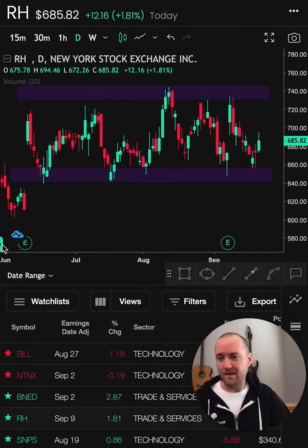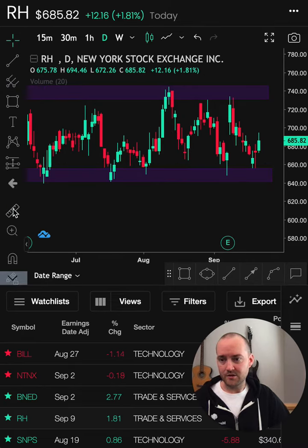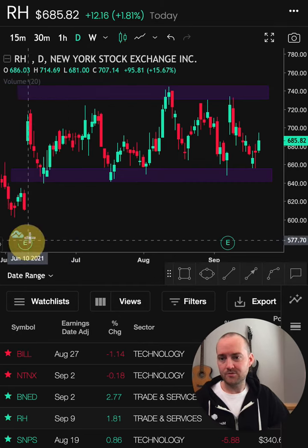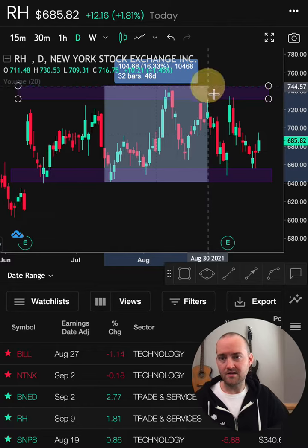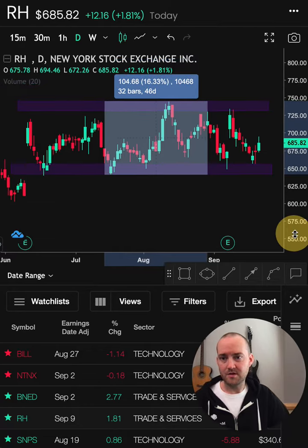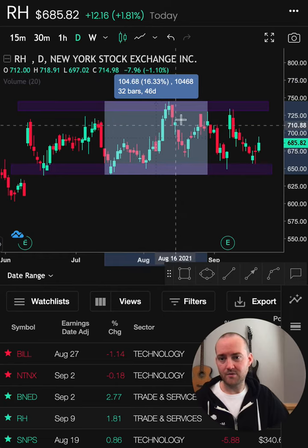And how do you determine if this is a good consolidation pattern to trade versus others? What you can do on earningswinner.io, we have advanced drawing tools. If you click on this measure tool and click on the bottom of the range, and then at the top of the range, you can actually measure the percentage gain from the bottom to the top.